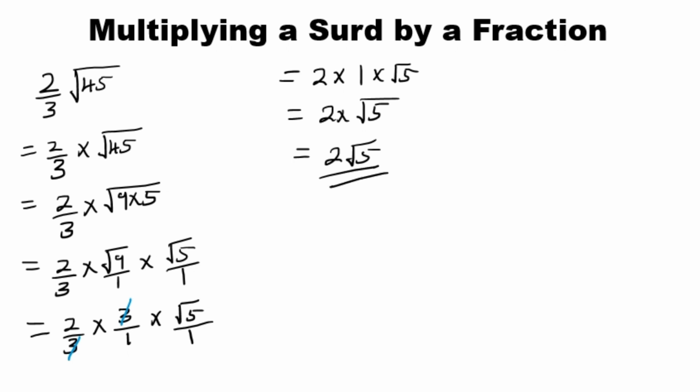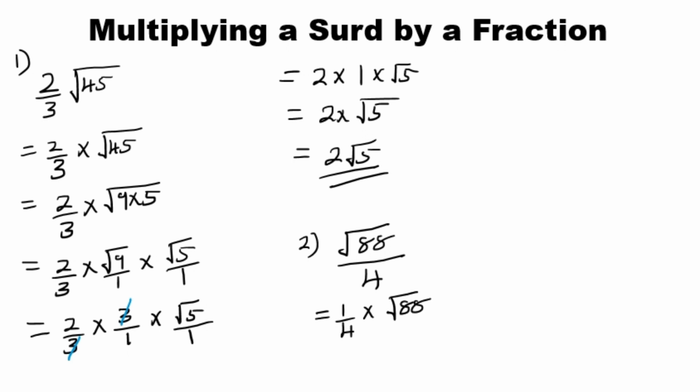Let's take a look at another one. Let's call this one 2, and maybe we should call the previous one 1. The square root of 88 divided by 4. So let's go ahead and simplify this. This is the same thing as saying 1/4 times the square root of 88.